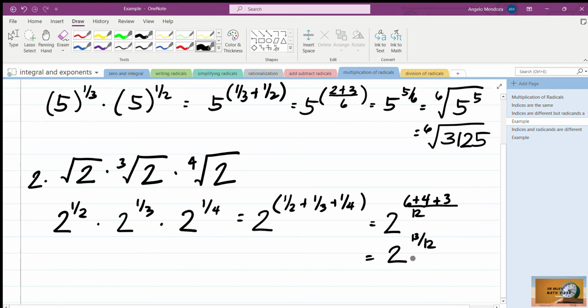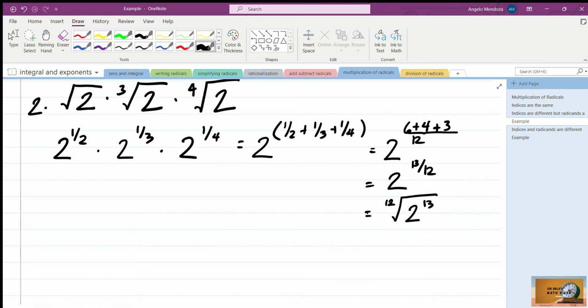So we can rewrite it now as a single radical. This becomes the 12th root of 2 raised to the 13th power. We can raise 2 thirteen times, or we can simplify this part by taking 12 inside this radicand.